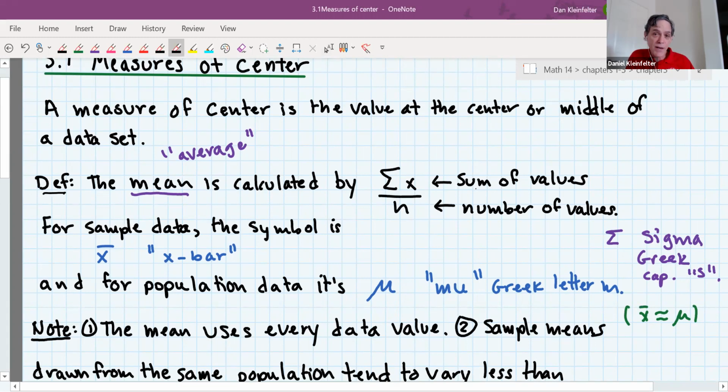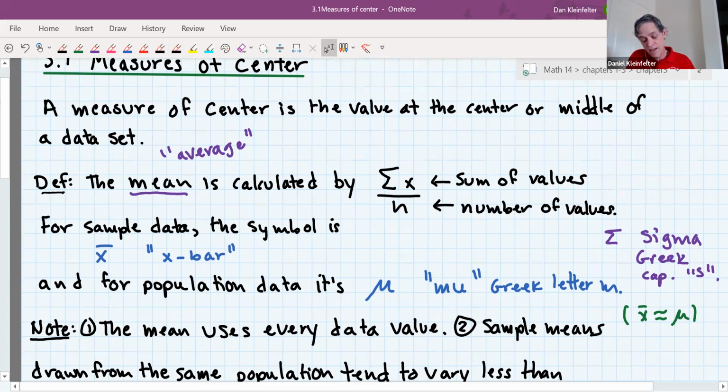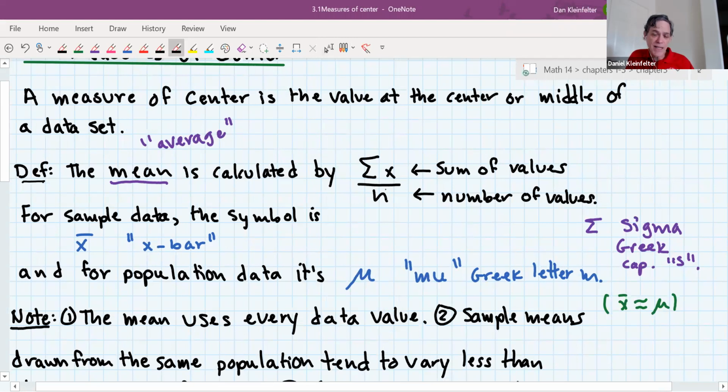It's the sum of all the data values you have divided by how many values there are. And we have a special symbol for that. This thing that looks kind of like a sideways capital M is a capital Greek letter sigma, their capital S, like S for sum.